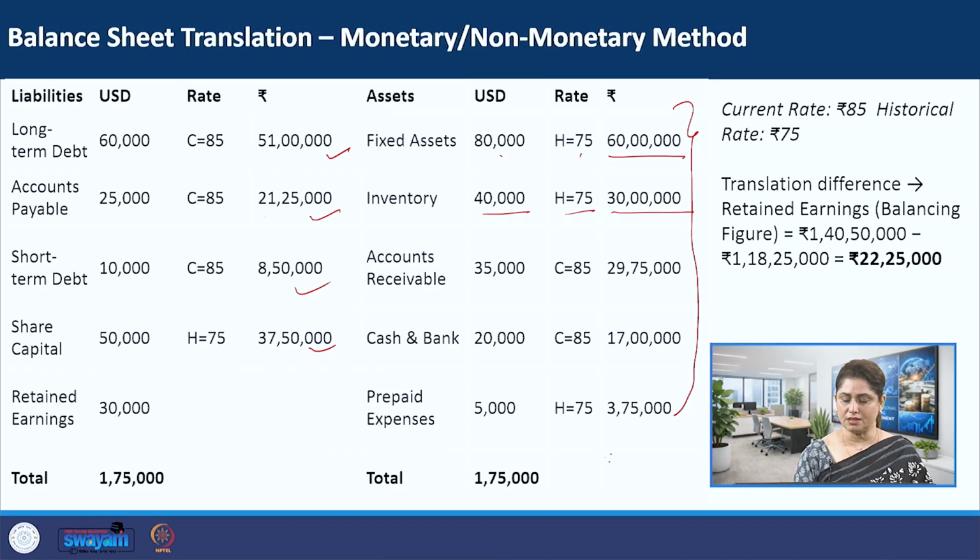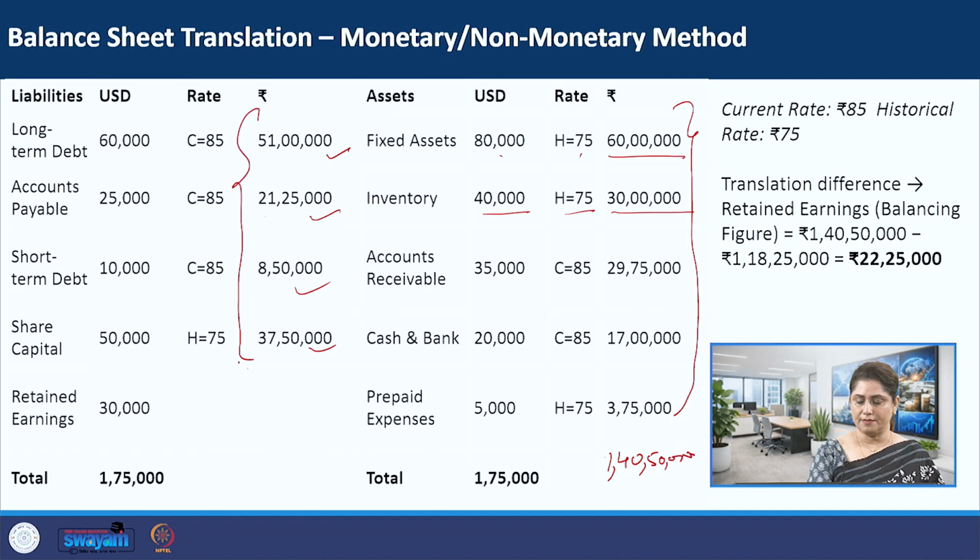The total of it is coming 1 crore 40 lakh 50,000, and the total of this is 1 crore 18 lakh 25,000, which means that the left hand side, that is the total of liabilities, is less than the right hand side, which is the total of assets.